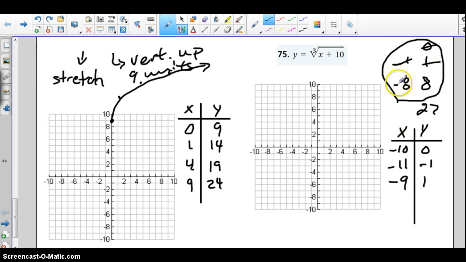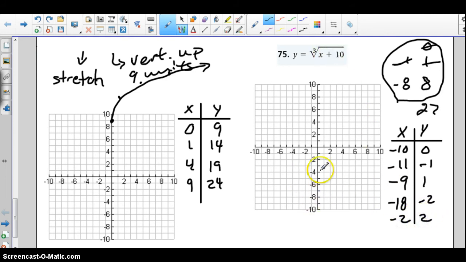And let's try and make a -8. Let's see, that's probably going to be -18. And the cube root of -8 is -2. Now let's make an 8, so let's plug in a -2. Cube root of 8 is 2.